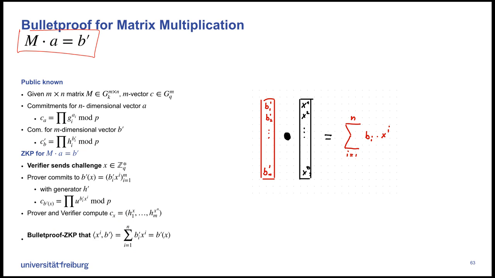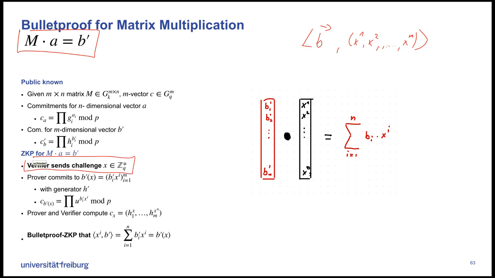Now, how can we prove that? Now we can use the Schwarz-Zippel trick. What we do is we compute a folding product of a vector B and a vector which are all powers of x, which gives one number. But this x here is now a challenge from a verifier.